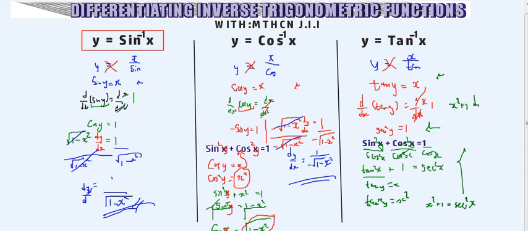Now then find the dy dx, which is now equal to what? 1. Divide both sides by x squared plus 1. You are dividing both sides by it. So you end up that this cancels this. So you have your dy dx to be equal to 1 all over x squared plus 1.